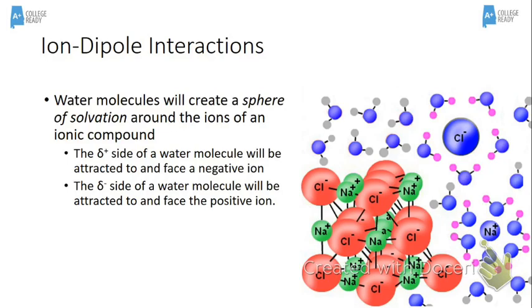If it's surrounding a positively charged ion, the oxygen, which is a partial negative, will face that ion, and vice versa. If you're surrounding a negatively charged ion, then the hydrogens will be pointing towards the negatively charged ion. This is ion-dipole interactions.